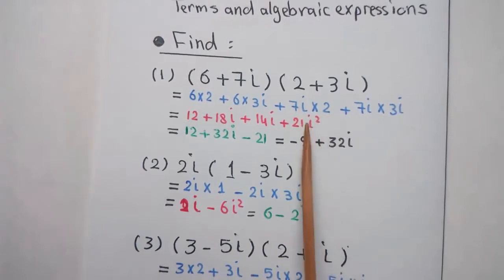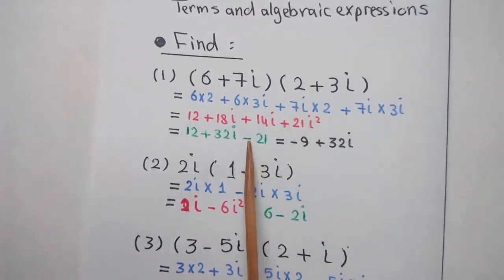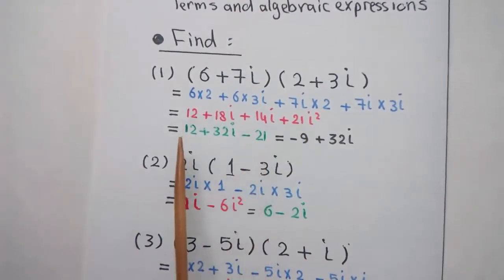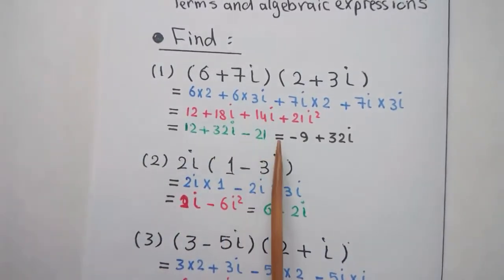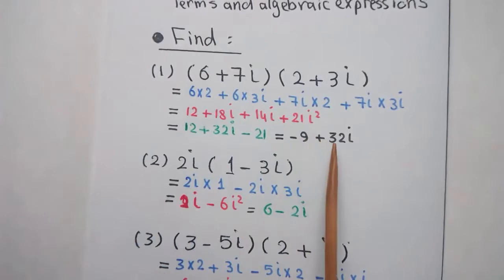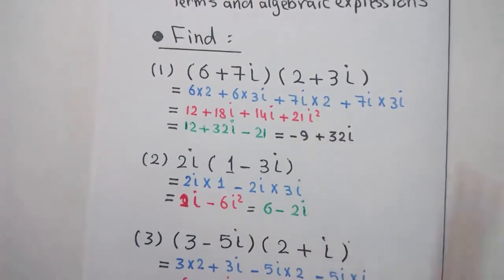Oh, i power 2 will be changed to negative 1. يبقى 12 plus 32i minus 21 equal negative 9 plus 32i.